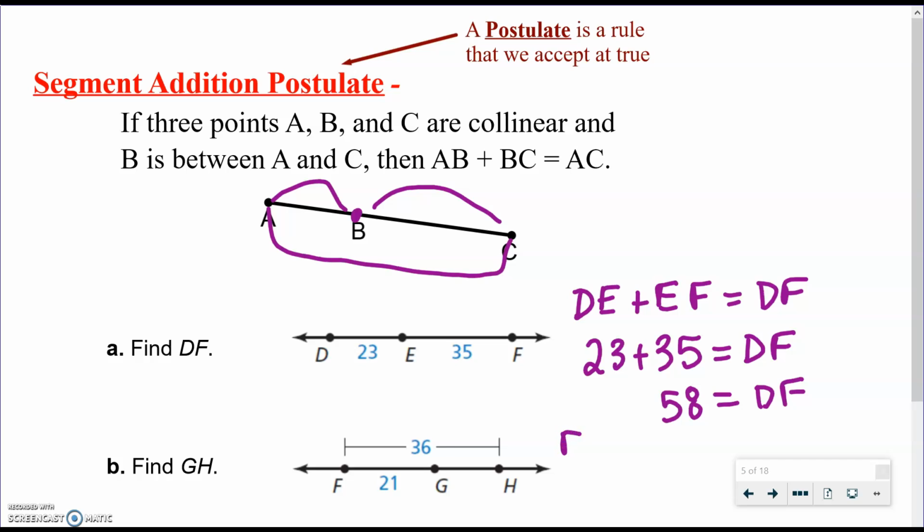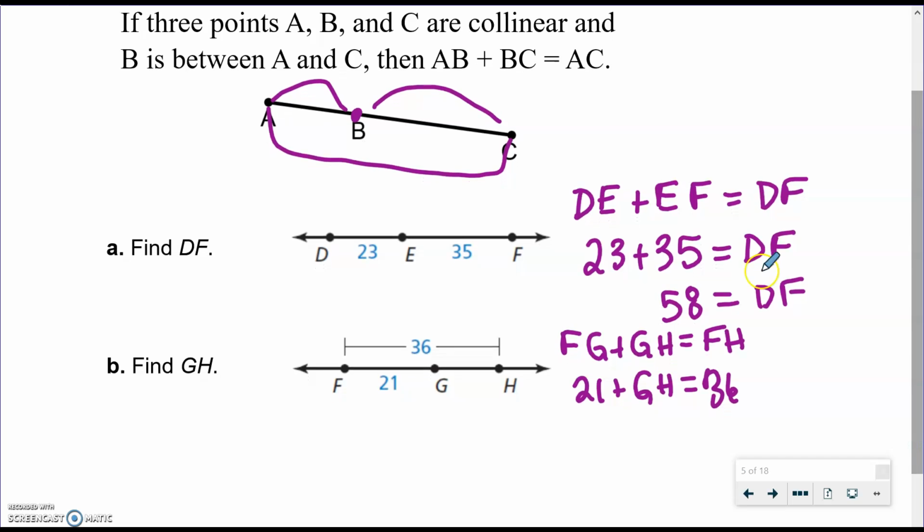We can also use the same idea here. We know that FG plus GH equals FH. And this time we know FG is 21. And we know FH is 36. So we know that GH is equal to 15.